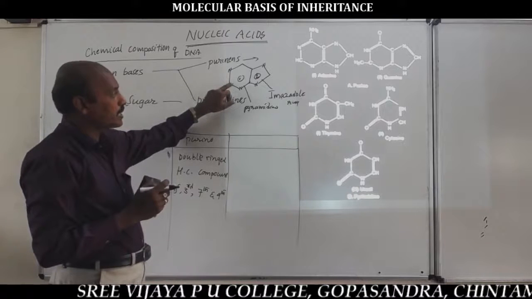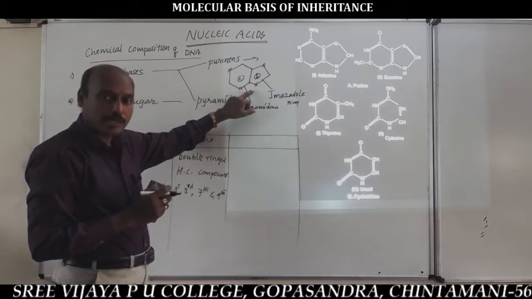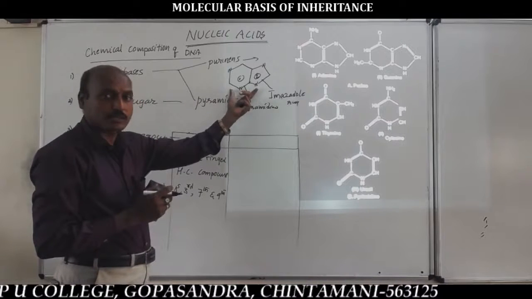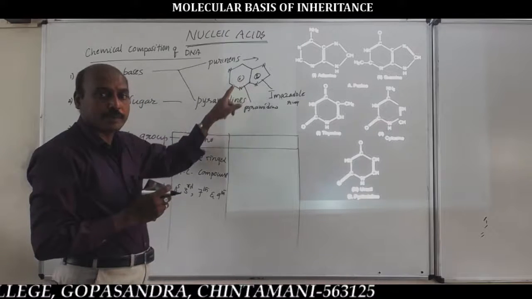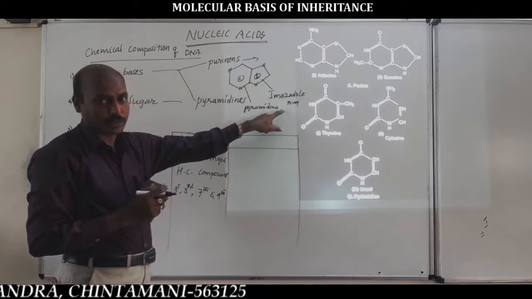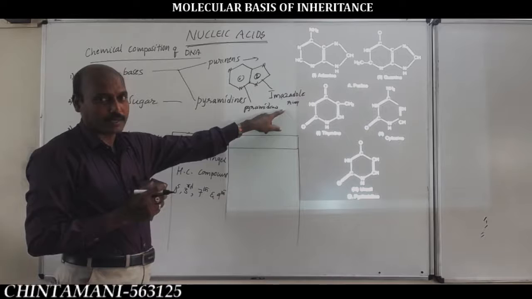So purines are double-ring heterocyclic compounds formed by the fusion of two different rings: one is the pyrimidine ring, and the other is the imidazole ring. You should remember this statement clearly.